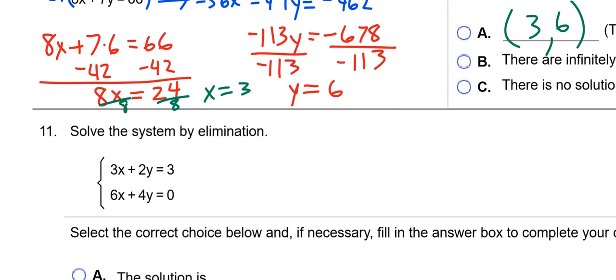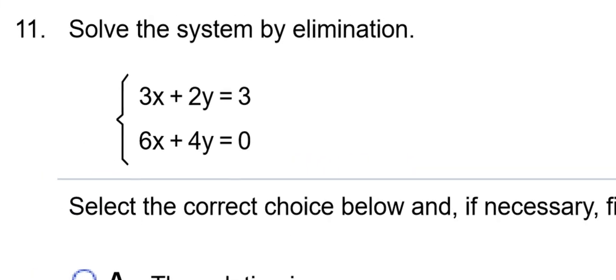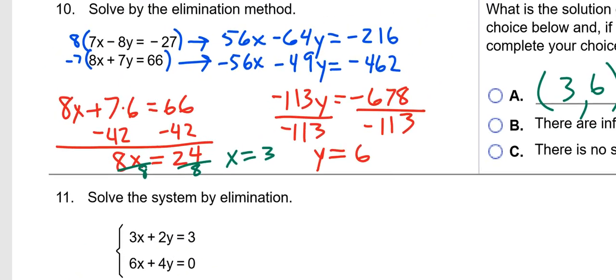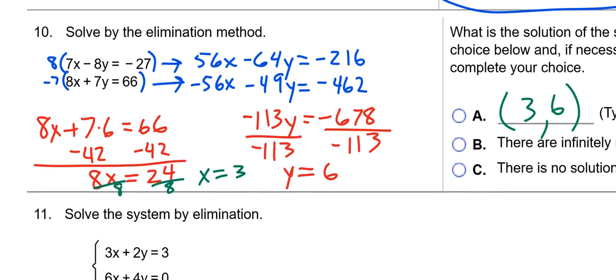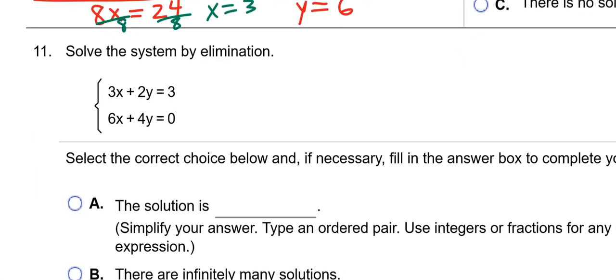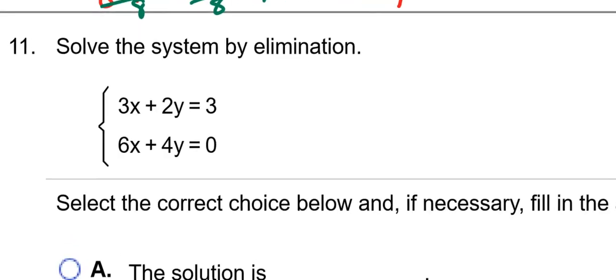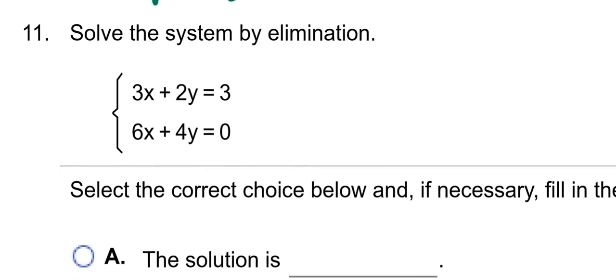Okay, question 11. For the last one, we ended up getting 3 when we divided by 8. Think about what you need to multiply by so that you can get rid of one of the variables.